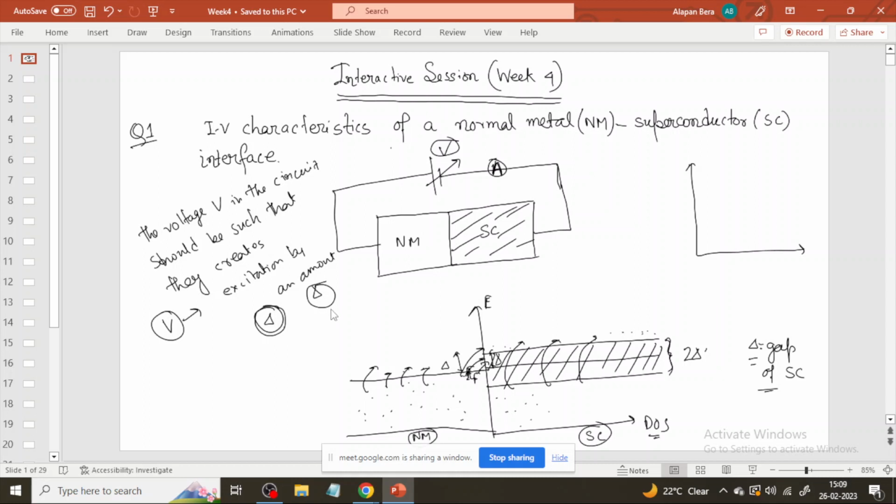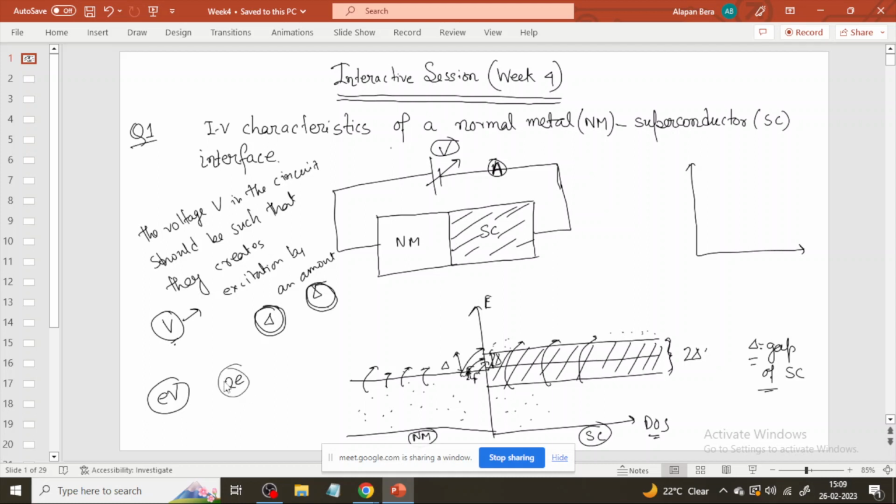Only when the electrons get this amount of excitation can the Cooper pairs in this region get excited and jump into this region. If an electron resides at a voltage V, its energy is eV, electron volt. In the case of a Cooper pair, we know it has total charge 2e.